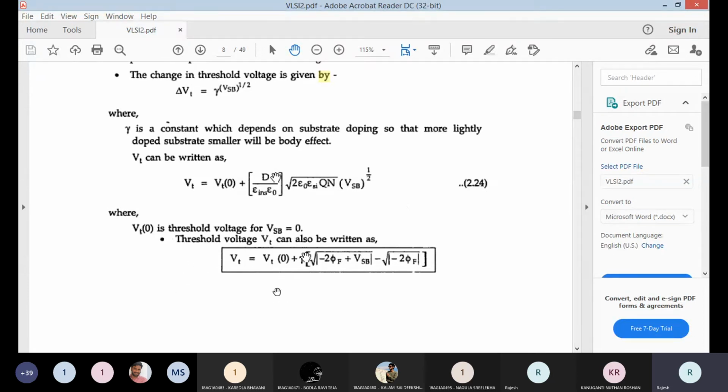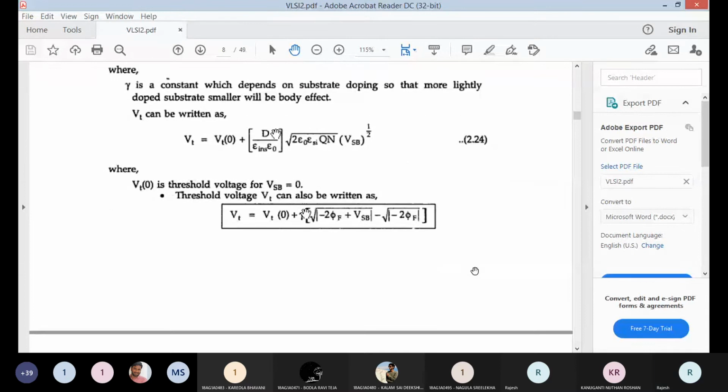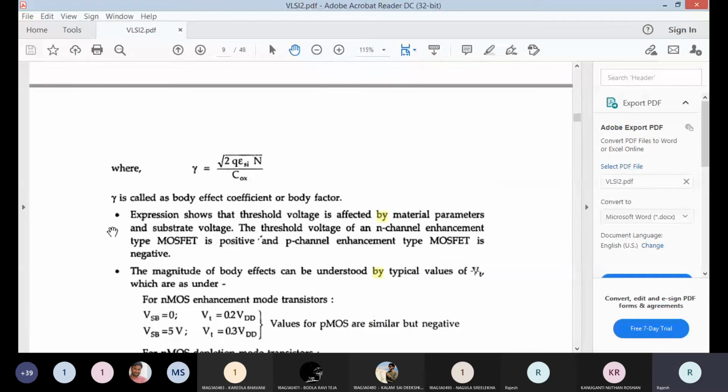Along with that, the threshold voltage increases by gamma into the square root of these terms. So you may get a small question for 2 marks: what is threshold voltage, what is body effect? And gamma is the body effect constant or body parameter, given by the square root of 2q epsilon SI into capital N divided by COX.